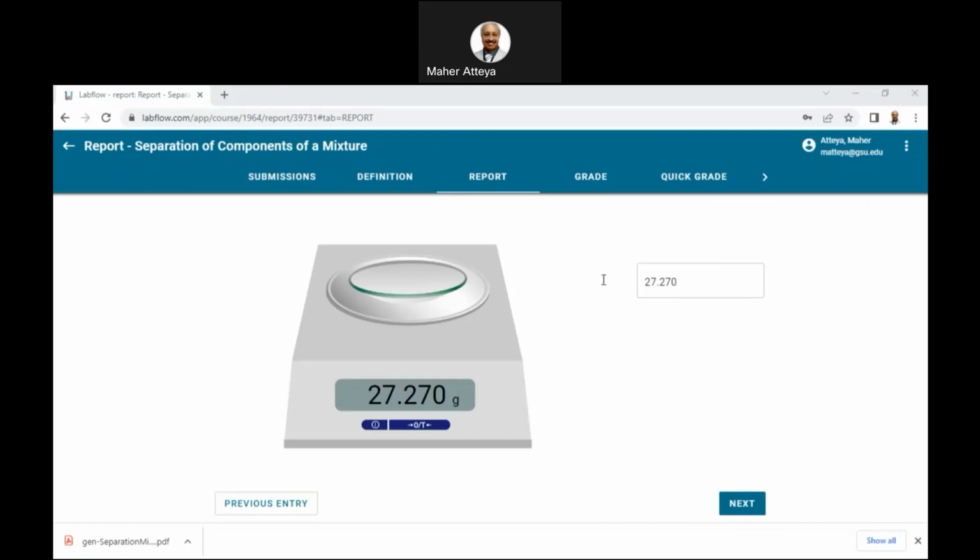So we have a mixture made of 3 components. Let's see here.